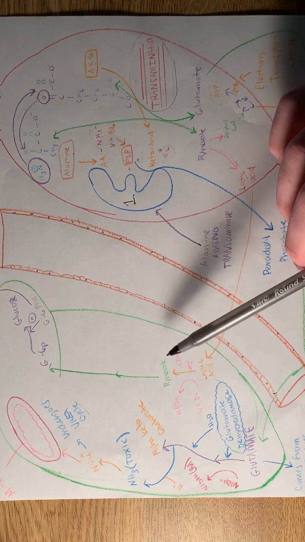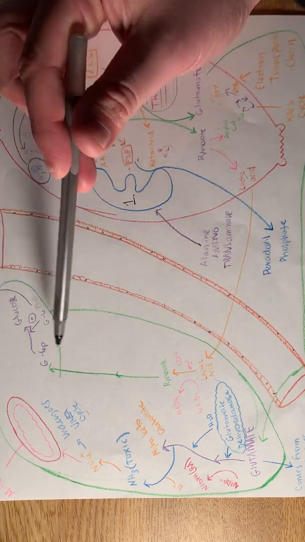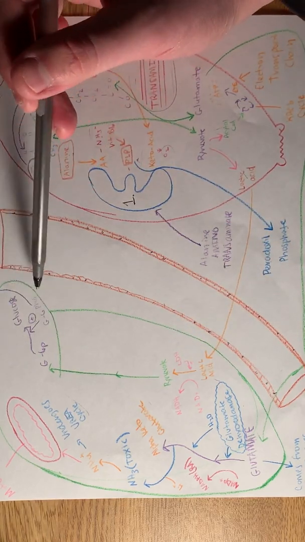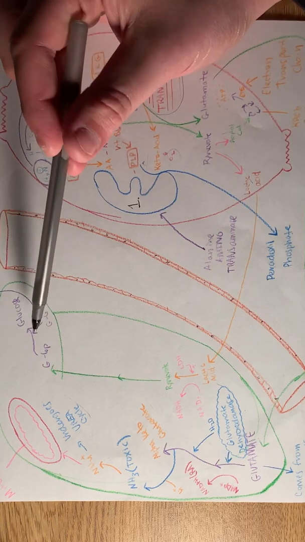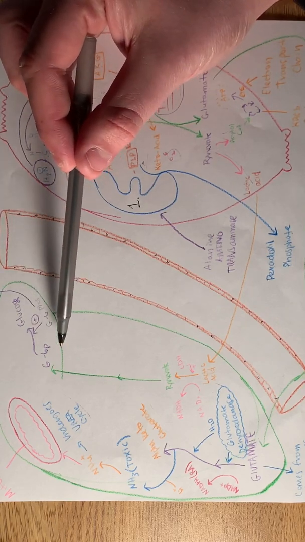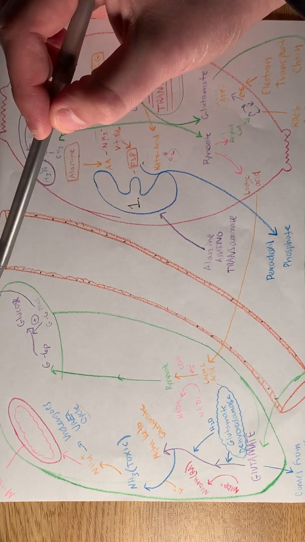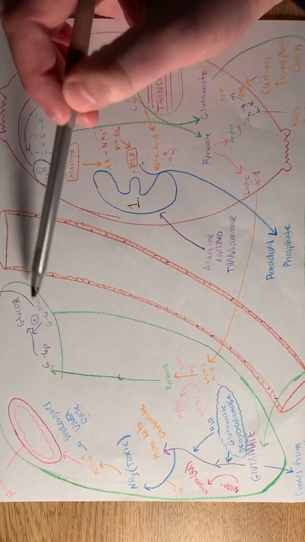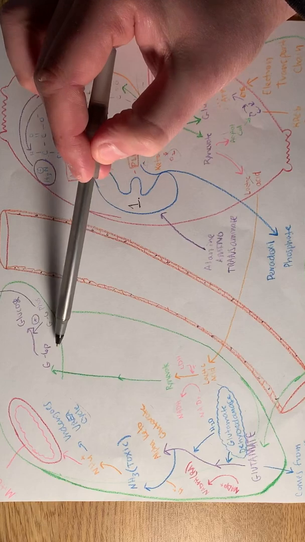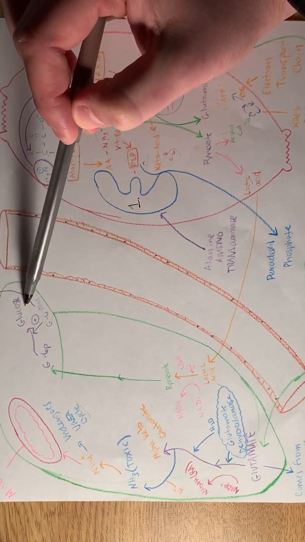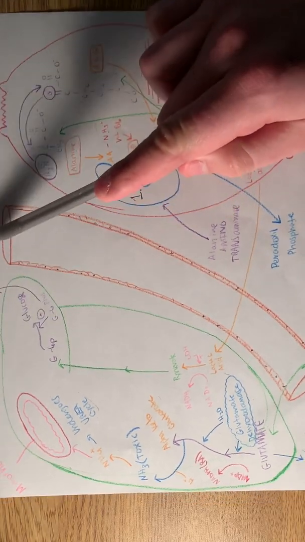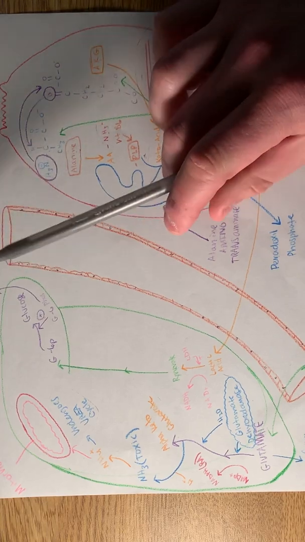Then the pyruvate has to get turned into glucose eventually. The pyruvate goes to G6P, and then the G6P, through the G6 phosphatase enzyme, turns into glucose. That enzyme must be present.